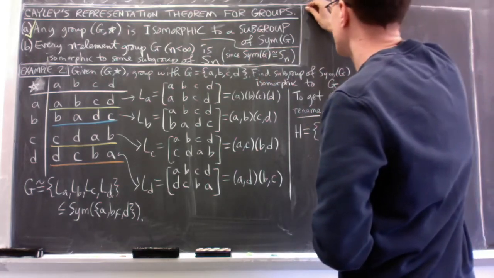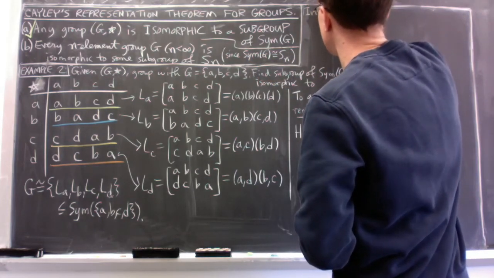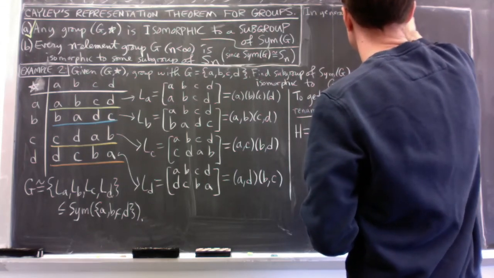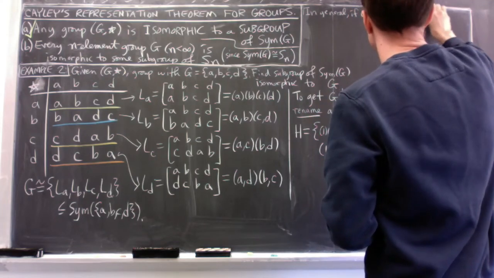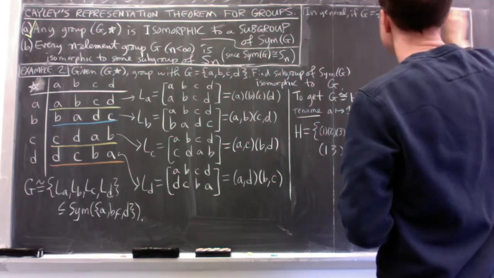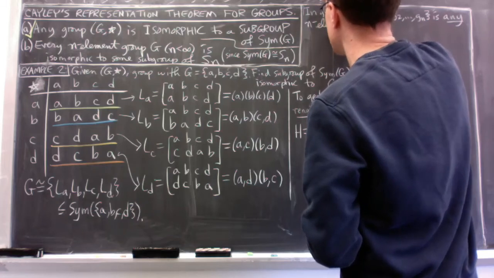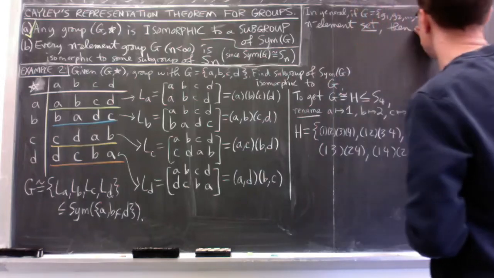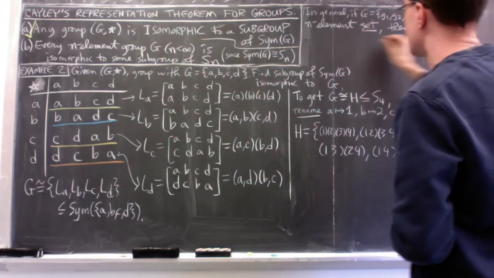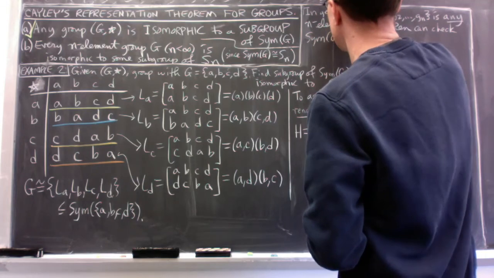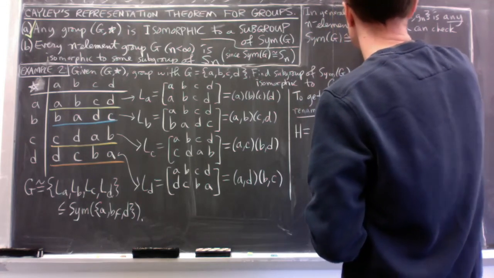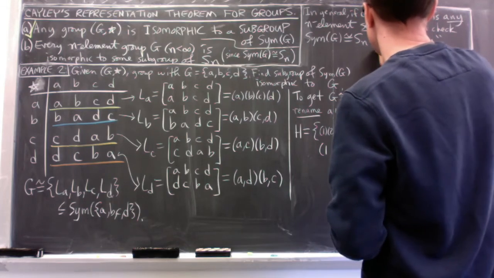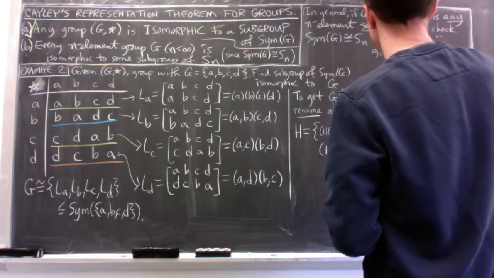And okay, so that's all I'll specifically say about the proof getting yourself to Sn as opposed to Sym(G), except just to remark in general, if G is little g1 through little gn, any n-element set, doesn't even have to be a group, just a set of n things, then you can check that Sym(G) is isomorphic to Sn by, and this is the part that's slightly imprecise, renaming g1 to 1 and so on.